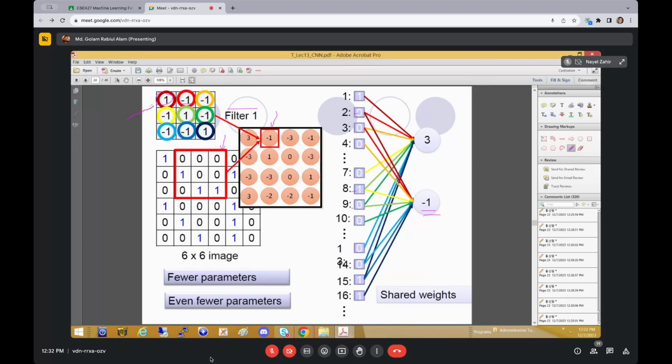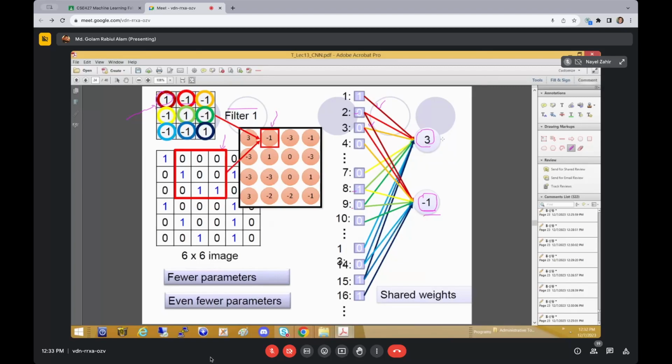The same weight we have used for calculating this 3, and the same weight we have used for the calculation of the negative one also. That's why you can see we use the same color. The same weight is used to calculate these things. It means that the shared weights are there.